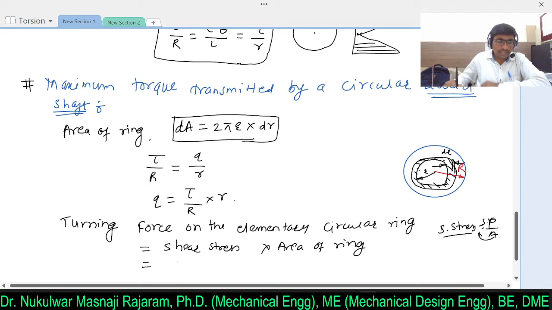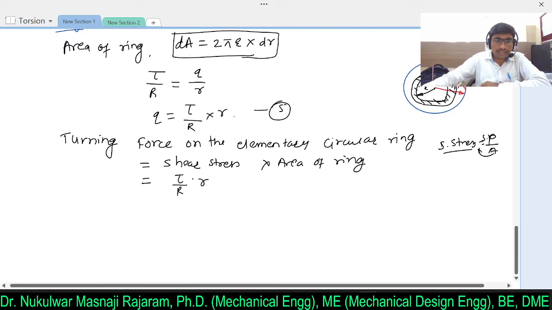So shear stress acting on the ring is tau by r into r. So from this equation, clear? If I consider this as equation number 5, then from equation number 5 I can write shear stress tau divided by r into small r into area of ring, that is 2 pi r into dr. Simple.